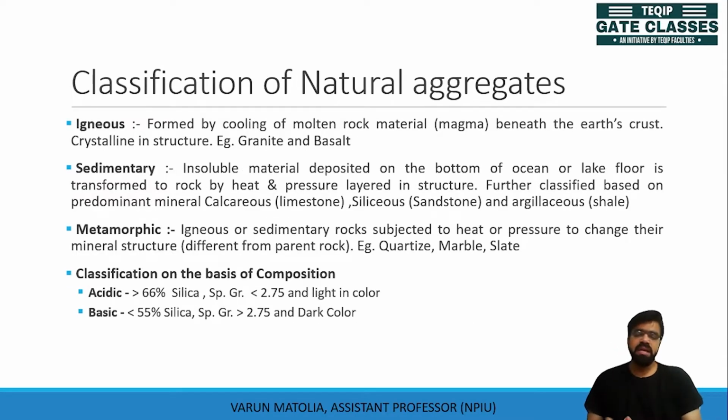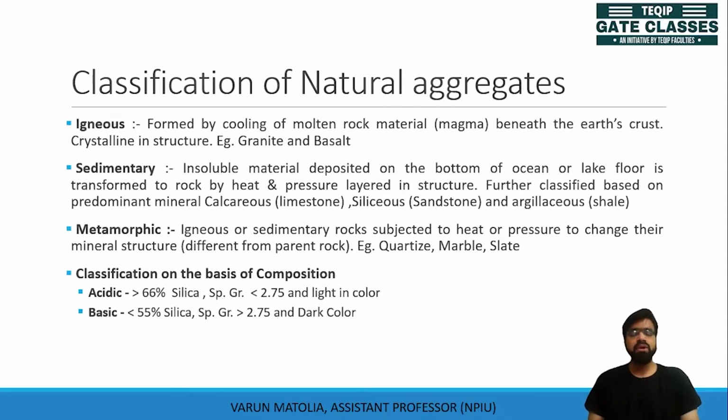For natural aggregates, the classification is based on their parent rock. As we know that rocks are divided into three categories: igneous rock, sedimentary rock, and metamorphic rock. Igneous rocks are formed by molten lava or molten magma.